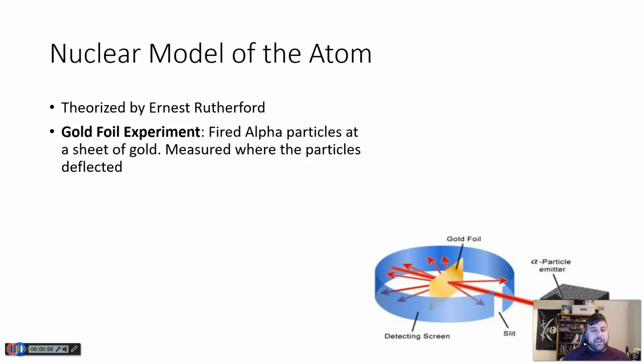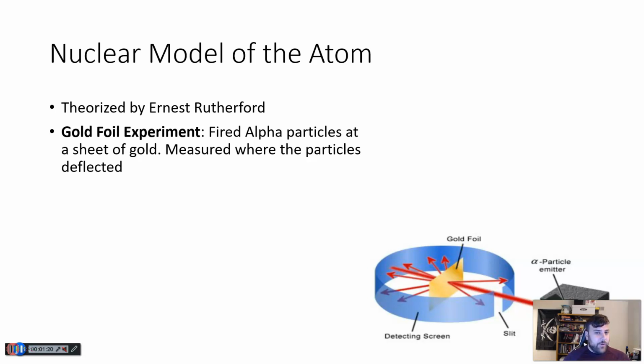He fired this at a sheet of gold, pure gold, that was flattened into as thin as he could make it. He had a detection system set up around the gold to measure where the particles deflected to.